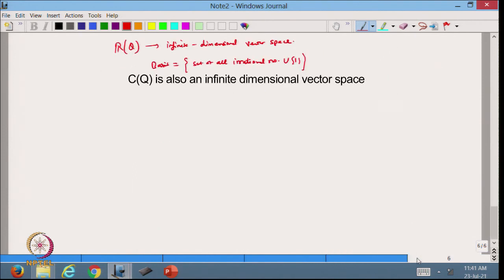So, this contains an infinite number of elements, and so it is an infinitely dimensional vector space. But if I take R over R, then we know that this is a one dimensional vector space.